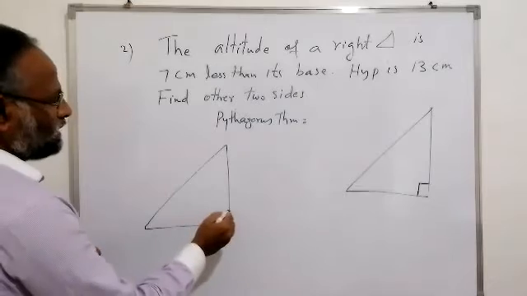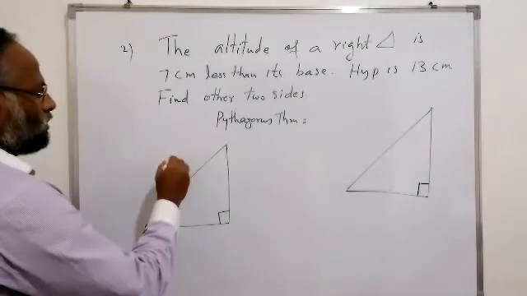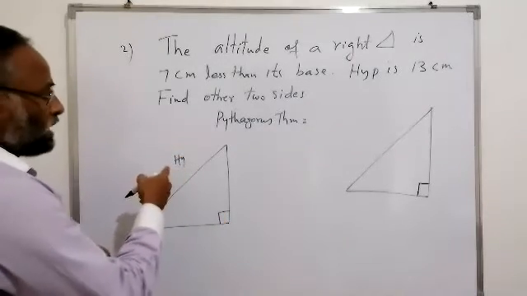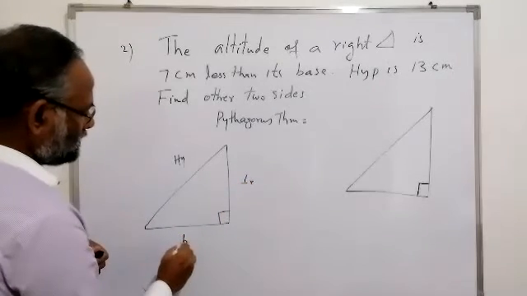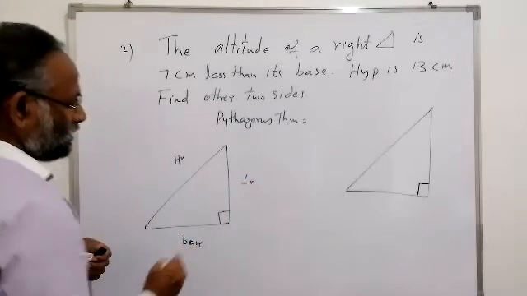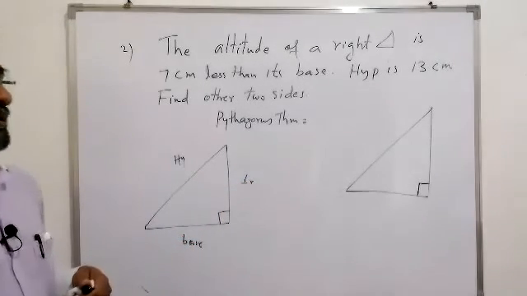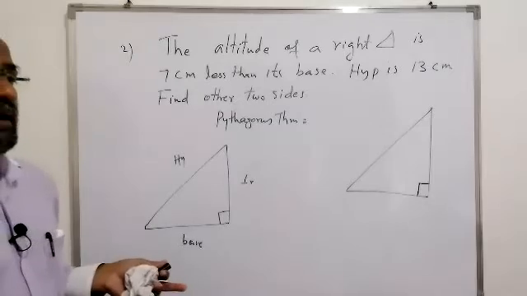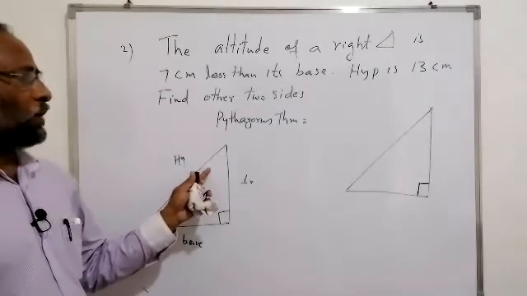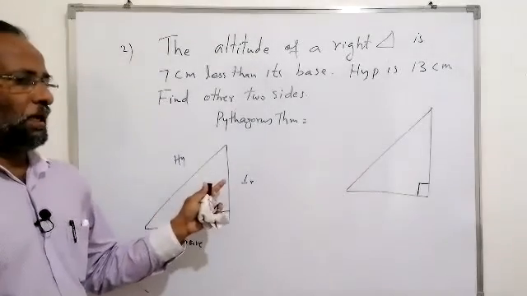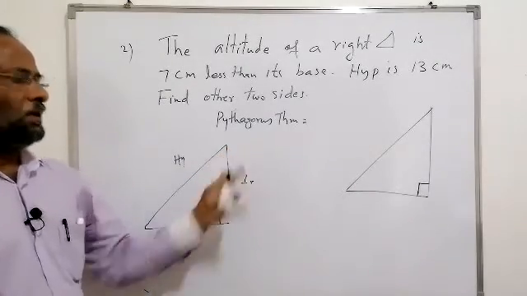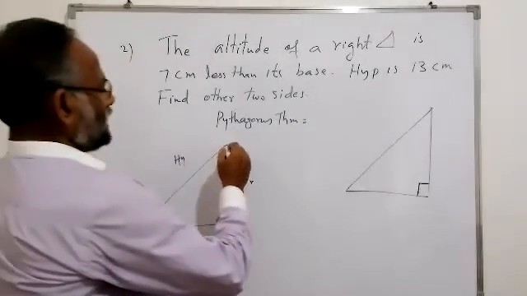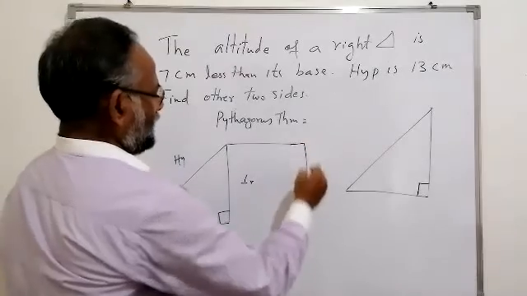In a right triangle, 90 degree, the hypotenuse, I told you not hippopotamus, hypotenuse. This is the perpendicular. This is the base. What Pythagoras is telling, in a right triangle, hypotenuse square is equal to the sum of the squares of the other two sides. In the textbook of class 8 or 6 you can see, make this a square.